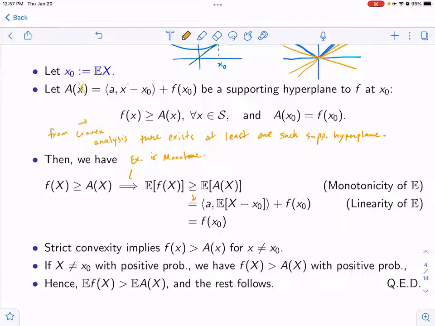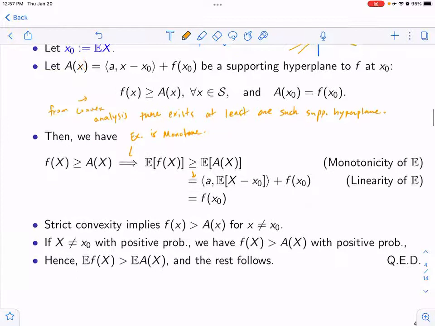If I put x here and then take the expectation, I can move the expectation inside here, because of the linearity of expectation. Basically, this thing would be expectation of x minus x0, but x0 by our choice is equal to expectation of x. So this term is going to vanish, and so you get this.